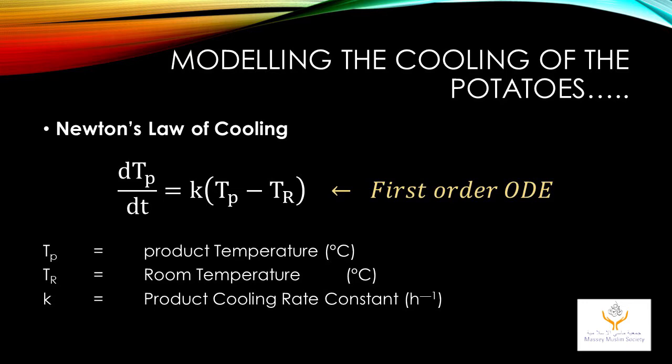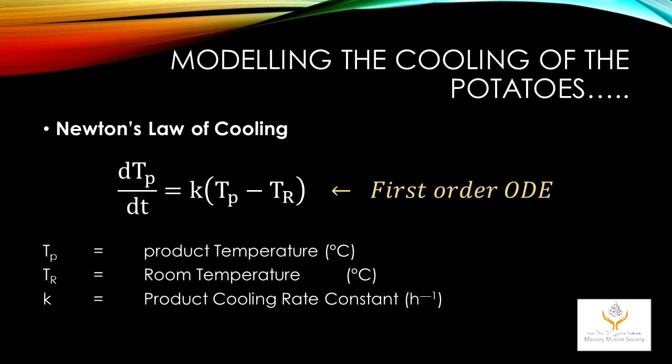And it's proportional to some cooling rate constant, which is just a number. And then in brackets, you've got your product temperature minus your room temperature. If you plug in the product temperature and the room temperature, you would get the cooling rate. Okay? Makes sense?